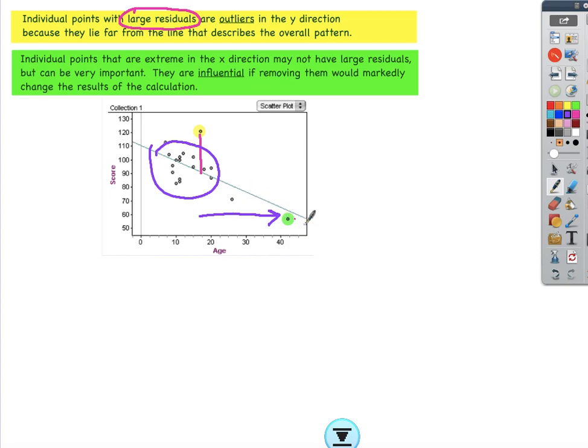It pulls the line toward it. If that point was gone, then you might argue that your regression line would be something like that or something like this. I know my drawing's not great, but that influential point is what's drawing the line toward it.